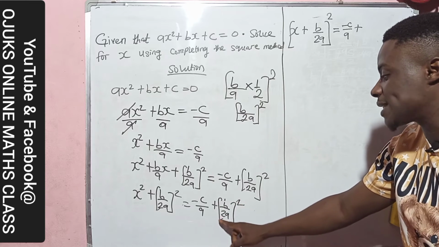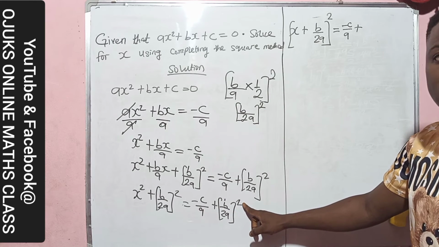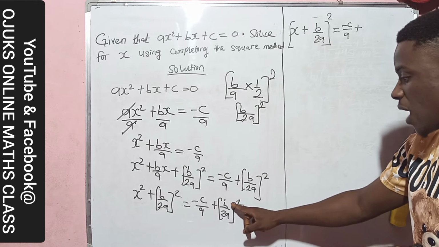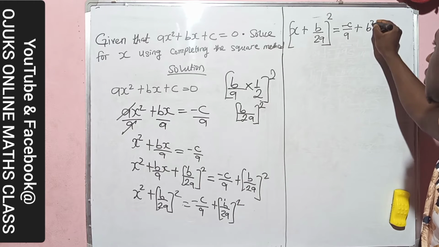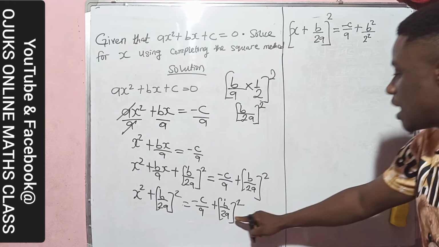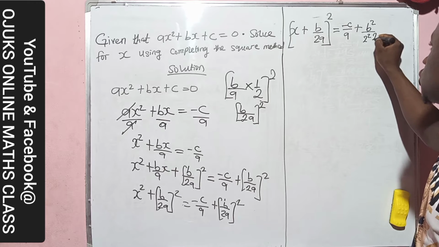It implies that all the terms inside this bracket have this common power. If they have this common power 2, we'll have it that b is raised to power 2 over 2 raised to power 2, then a raised to power 2.